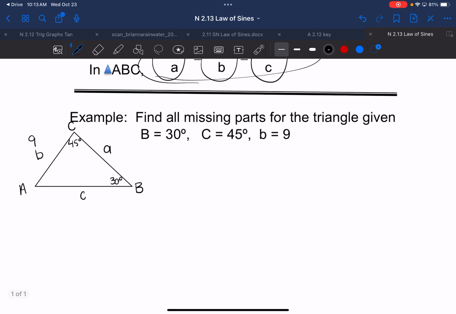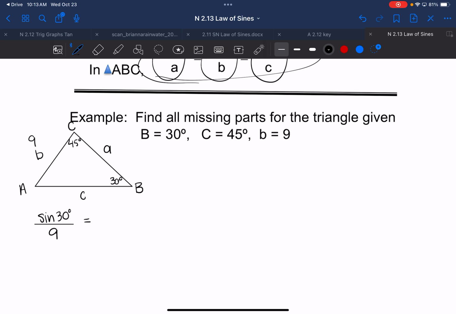So sine of B, which is my angle, they told us was 30 degrees, right? Over the side B, which is 9. And then I'm just going to set that equal to a ratio where I'm looking for another piece, okay? Well, we know angle C is 45, but do we know side C yet?